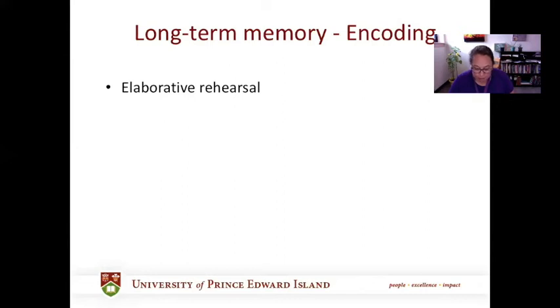Using functional MRI technology, researchers devised a study similar to this 1975 study, where subjects were shown stimulus words on a computer and were instructed to determine whether the words were concrete, abstract, or simply whether they were printed in uppercase or lowercase. So the first was a semantic judgment, the second was a visual judgment.